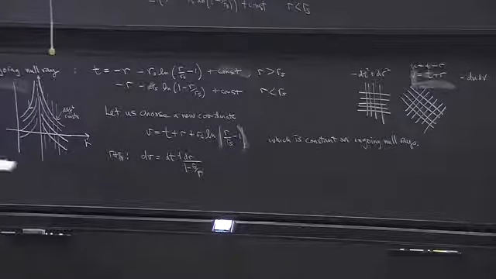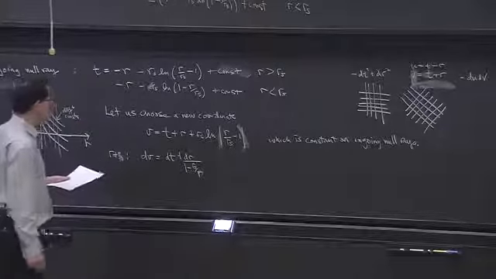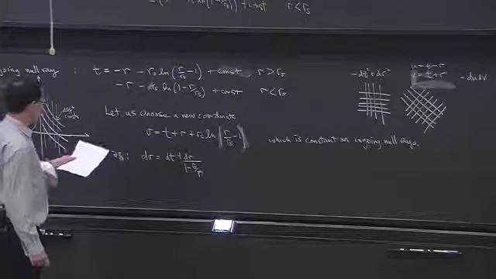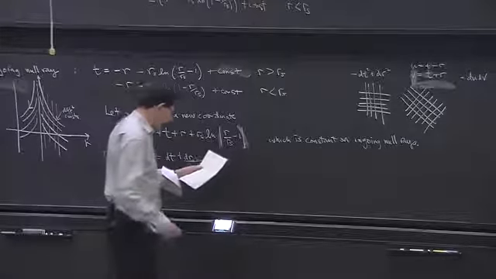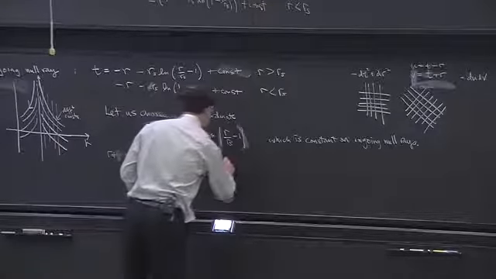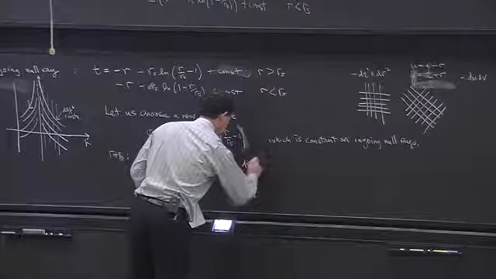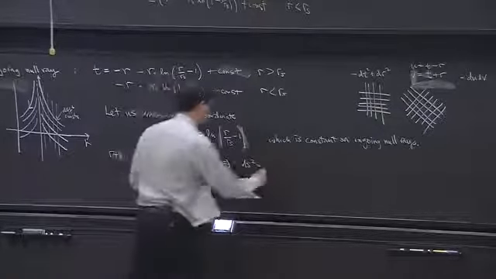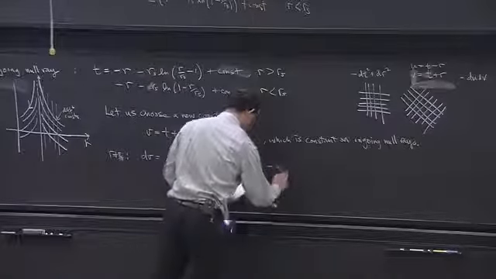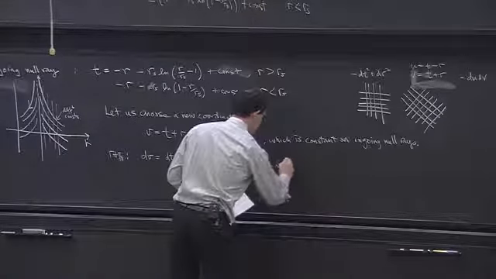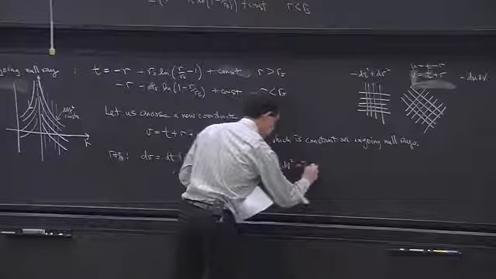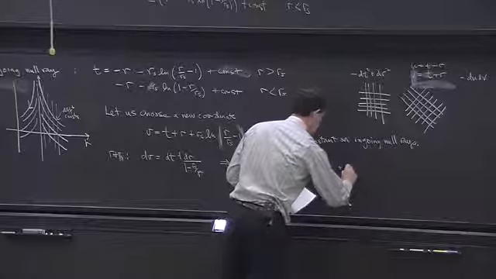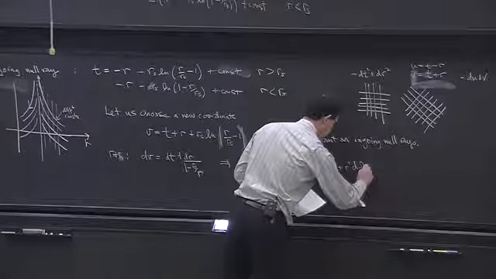And the modulus sign or any other ugliness has gone away. And so now I can just rewrite the Schwarzschild metric in the new coordinates. So ds squared, using v and r as the coordinates, is minus alpha dv squared plus 2 dv dr plus r squared d omega squared.